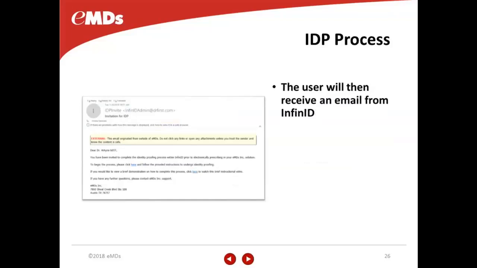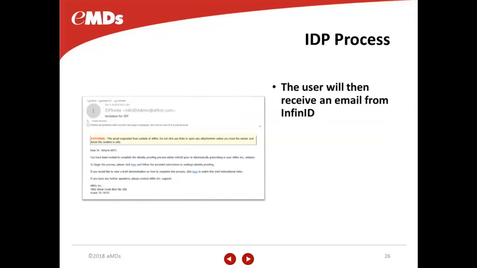So this is an example email that we received during our testing process. It will come from InfinID, and again, that's a partner of Dr. First, or a piece of Dr. First. And it will be sent to the email address that is entered onto that small screen.